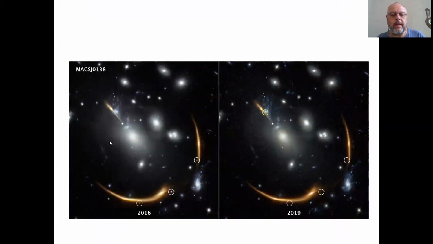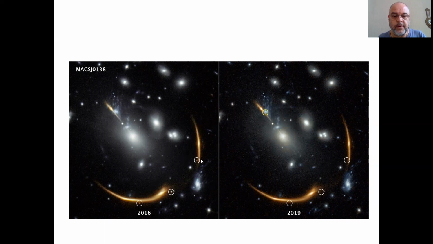So this is an image from NASA of this gravitational lensing. And one thing that's interesting in these two pictures is that you can observe the explosion of a star, a supernova.